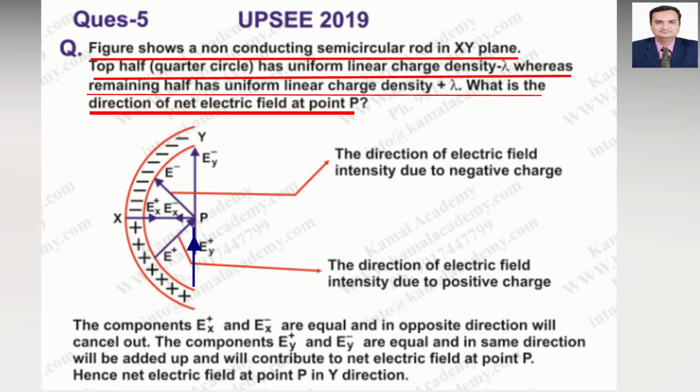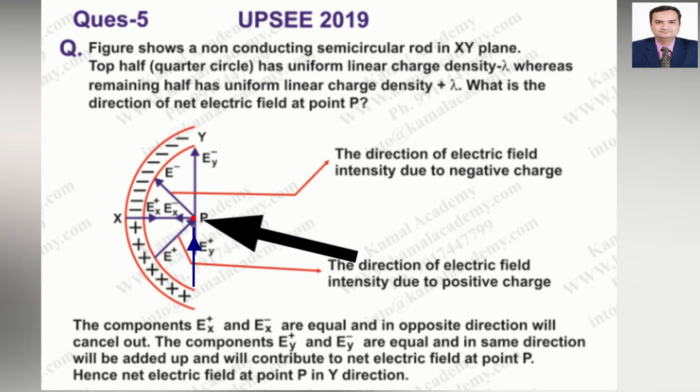So in this question we are given a negatively charged quarter circle of linear charge density minus lambda and a positively charged quarter circle of linear charge density plus lambda. There is a point P placed between two oppositely charged quarter circles.